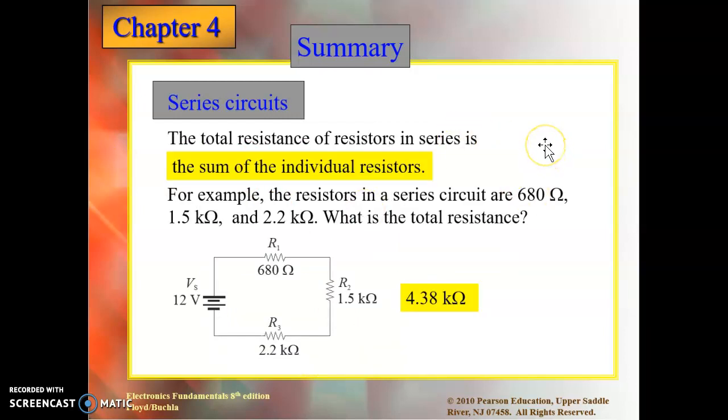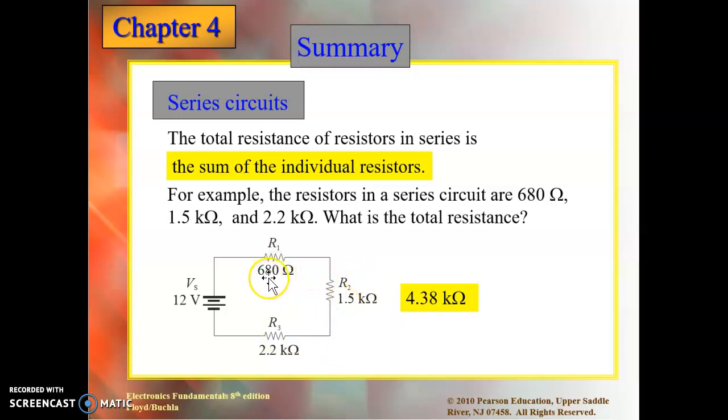How do we calculate the total resistance? We have been used, in chapter 3, to seeing a voltage source and a single resistor. In this case, we have a source and we have 3 different resistors. So how do we calculate the equivalent resistance? In a series circuit, the way we calculate the total resistance of the circuit is by just algebraically adding them.